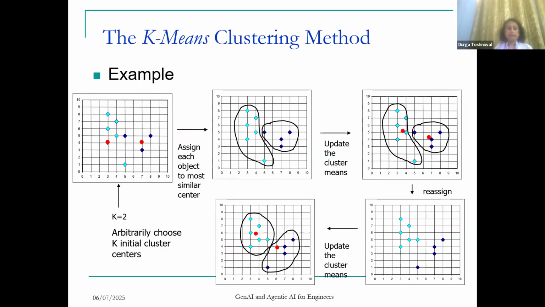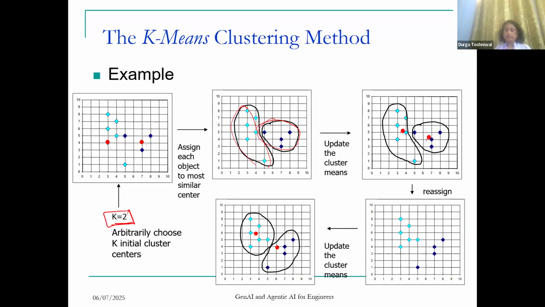The initial random cluster centers are shown in these two red circles, and k is equal to 2, let's say. Then, after this initial allocation of the points, the clusters would look like this, as you can see here. Now, after doing this, we'll have to find the new means of these two clusters. And let's assume these means are as shown in this figure out here.